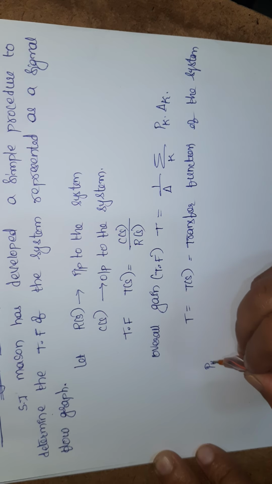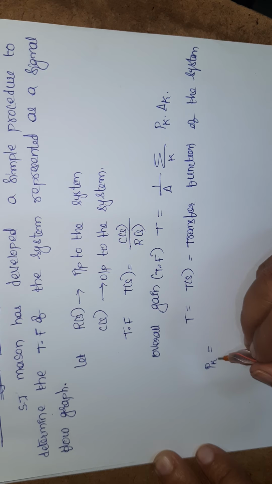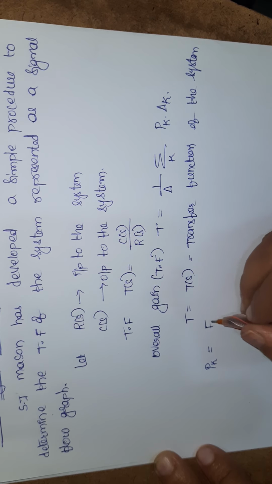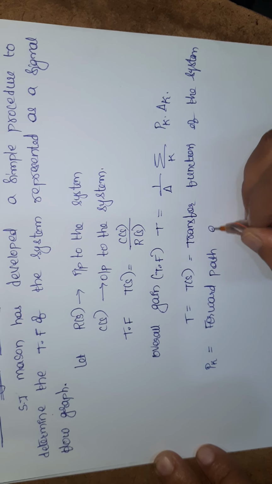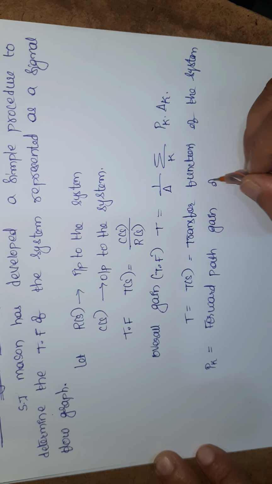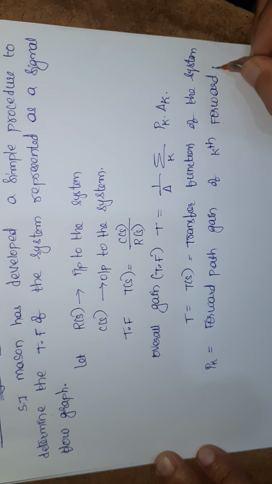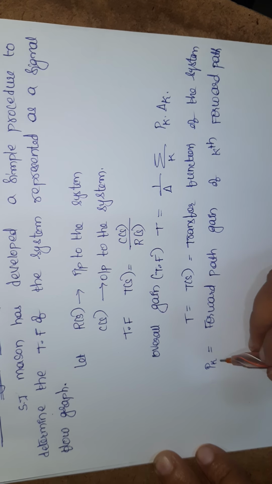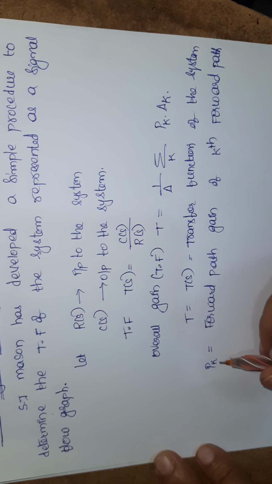Next, what is P suffix K? Here K is the number of forward paths. So P K is the forward path gain of the Kth forward path. If K is equal to 1, then P1 is the first forward path gain, P2 the second forward path gain, then the third forward path gain.